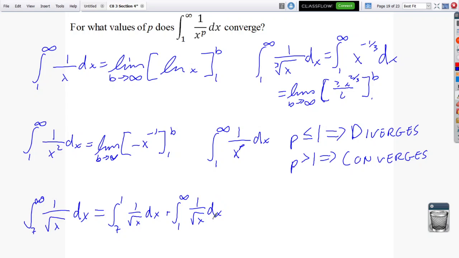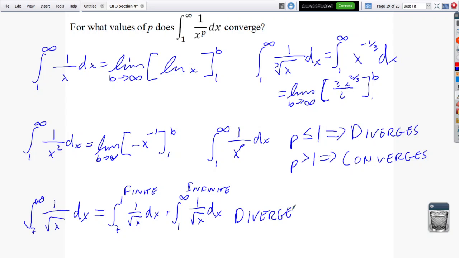You don't actually have to think about that, but what we do know is this value is finite, since there are no infinite discontinuities and the function is continuous. This, by using my p-test, is infinite. Therefore, finite plus infinite gives you infinite, and any way you look at it, this integral is going to diverge.